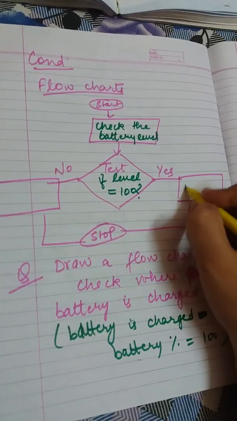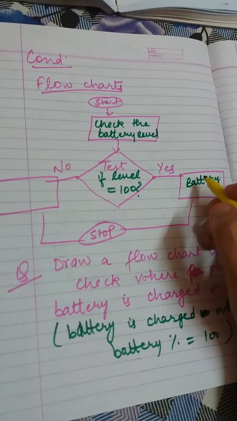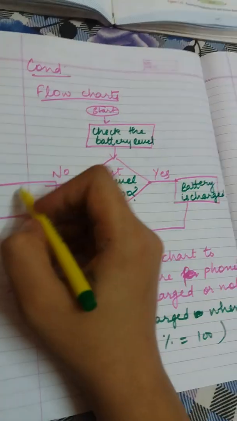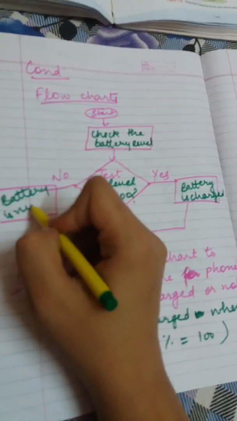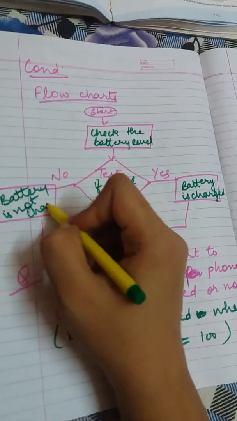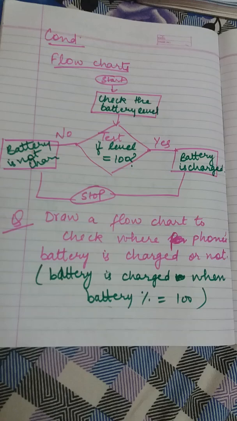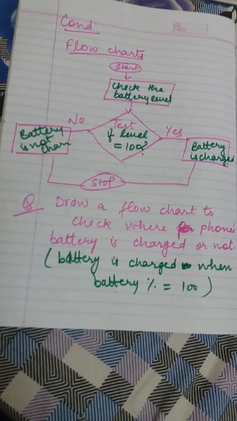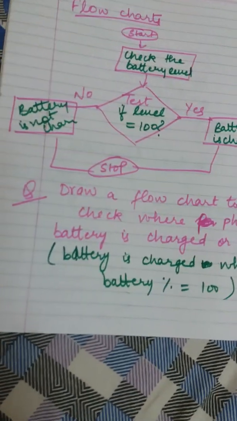If it is yes, then we will display the output battery is charged, and else battery is not charged, and then stop. As simple as that. Okay, so this was all about the flow charts in your conditional statements. This was the condition and it was true or false.